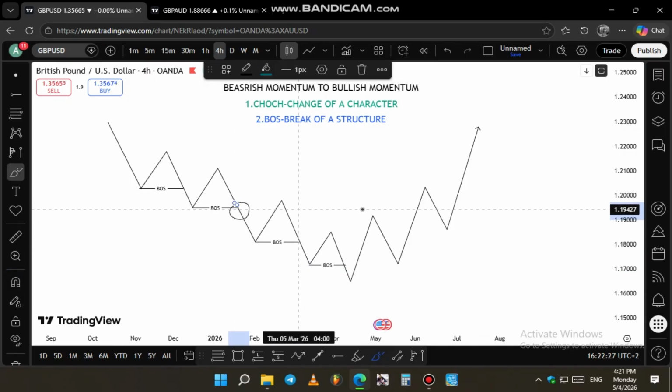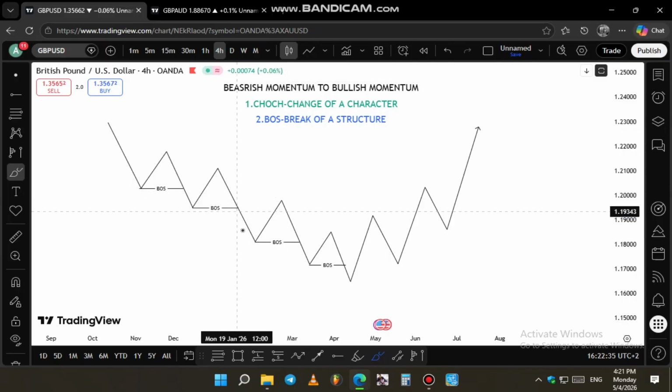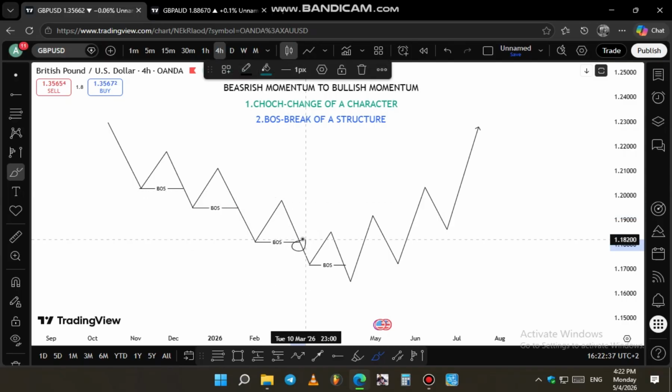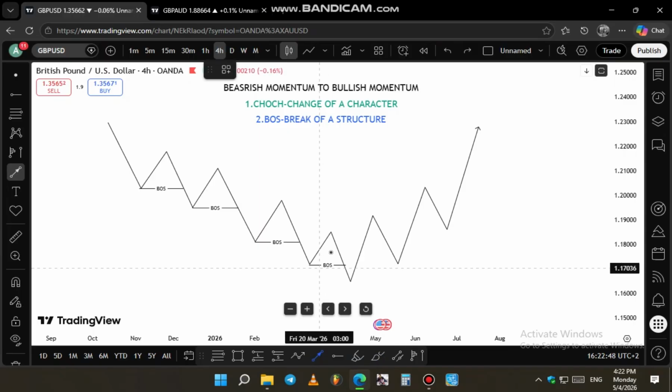Since we are using a bearish momentum, it's below here. When a candle closes below here, it becomes a valid BOS.